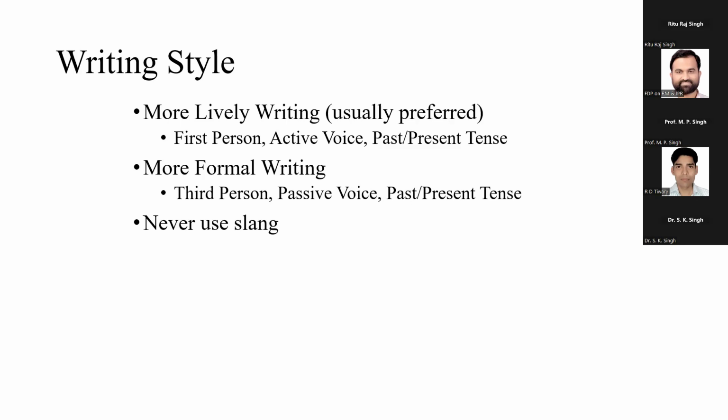So words like "I did this," "I have done this," "we have collected this data" should be avoided in a technical research paper. Instead of using I or we, you can use terms like this paper, this technical report, this section. These are the terms we prefer in technical writing.